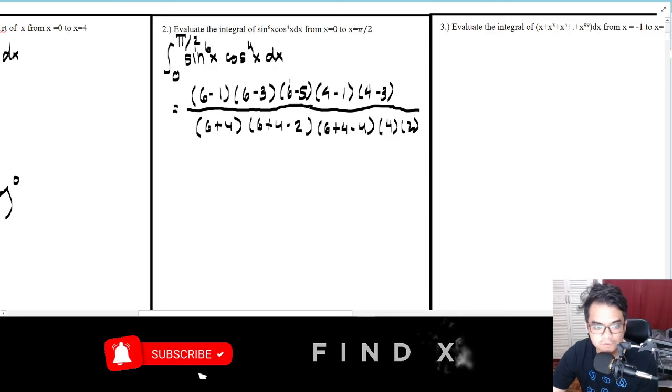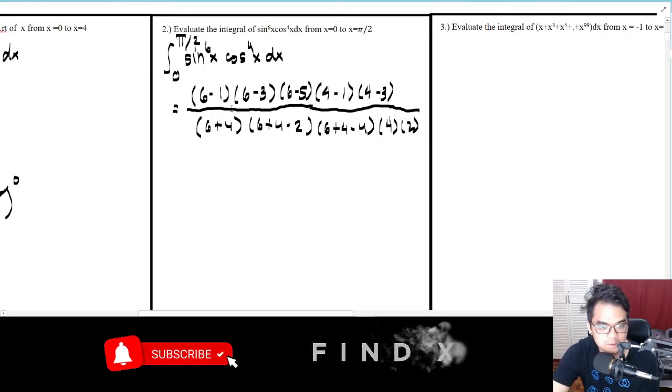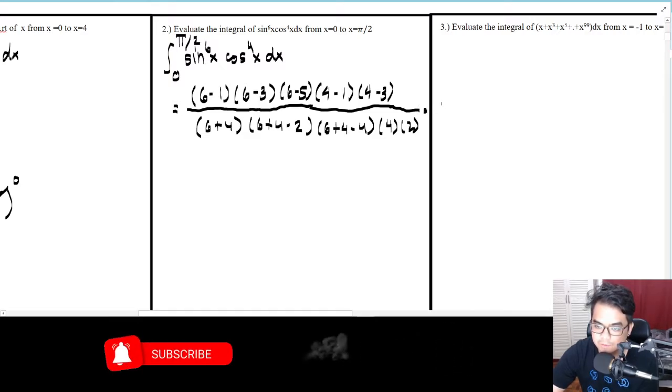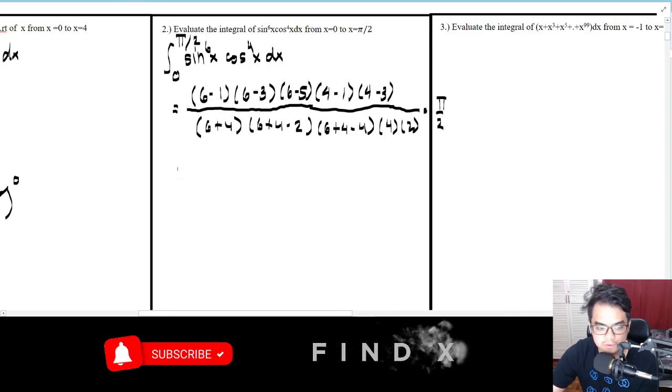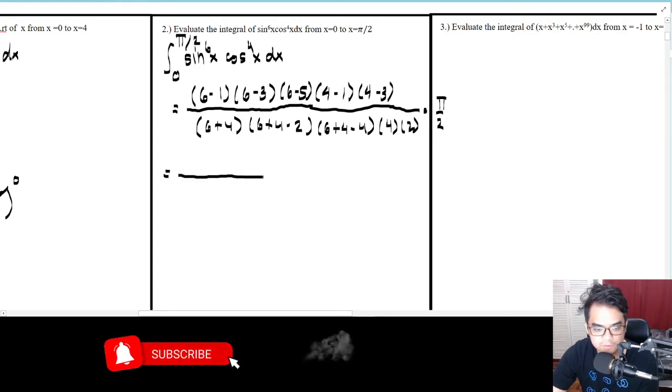But as you can see, the powers are 6 and 4, so they are both even. Therefore, you have to multiply this by pi over 2, because they are both even. Getting the product of that, let me simplify it first.